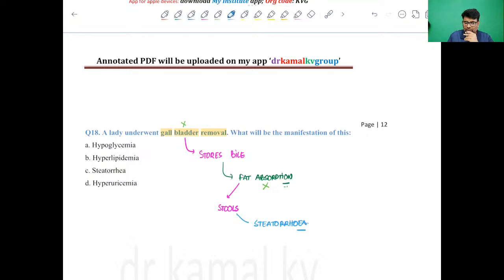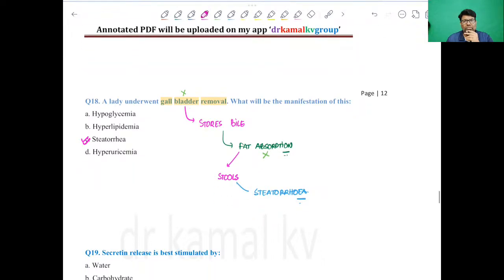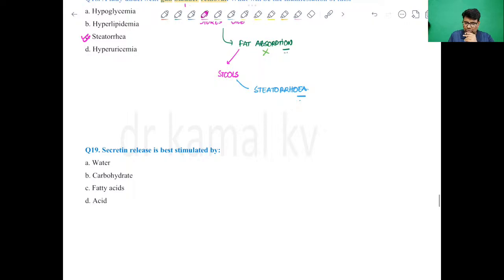Clear? So there is fats in stool, and this condition is steatorrhea. Yes, Zaim Khan, this is steatorrhea, right? Because there is poor absorption of fats from the gut. So steatorrhea.